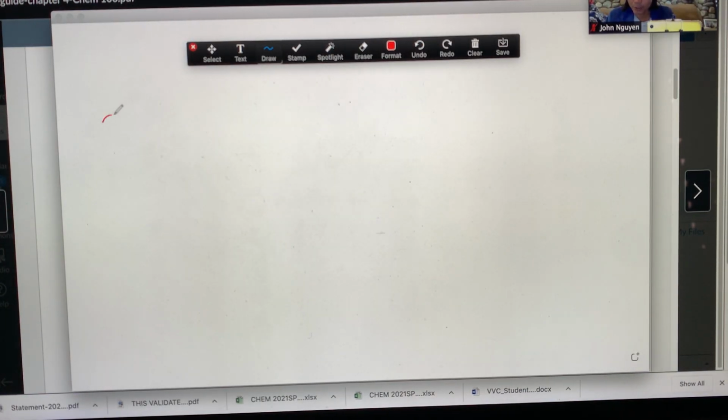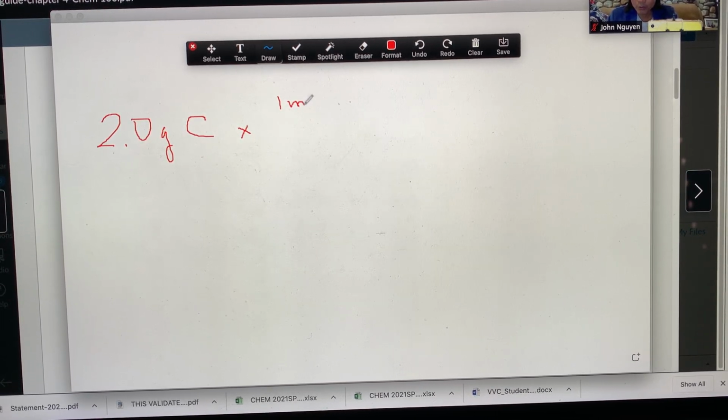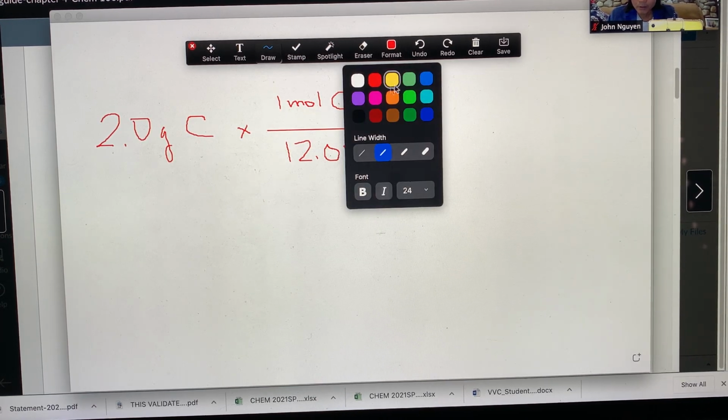So you have 2.0 grams of carbon, and this is how you set it up. You have 1 mole, and how do we know that 1 mole of carbon is 12.01 grams?